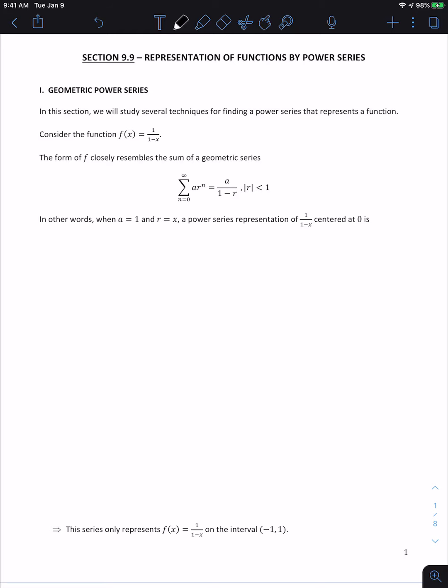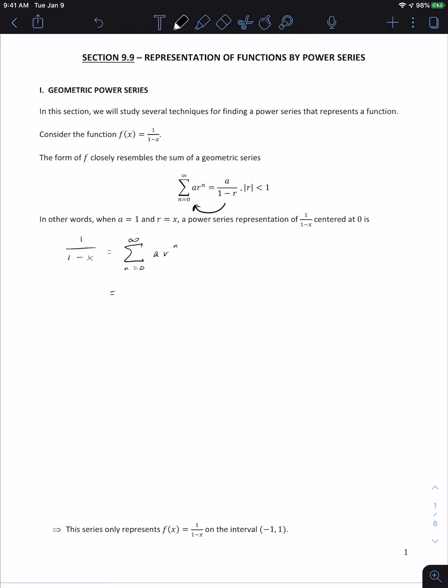In other words, if a equals 1 and r equals x, then we can write 1 over 1 minus x as a power series. We know that 1 over 1 minus x is equal to the sum from n equals 0 of a times r to the n.